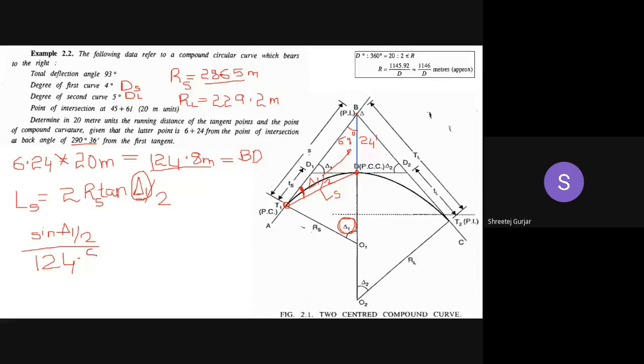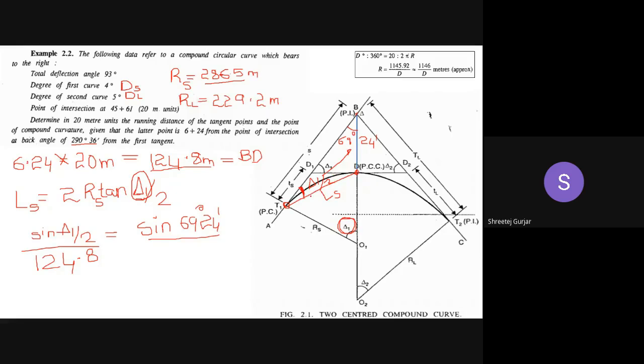Okay. Now I will consider this angle 69 degrees 24 minutes. So sine 69 degrees 24 minutes divided by the opposite side. The opposite side to this angle is LS, right?